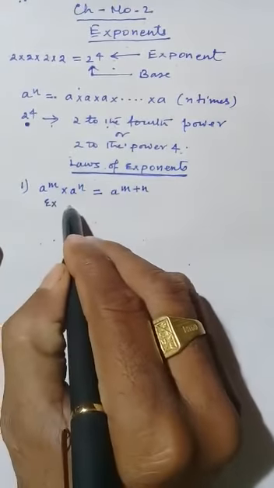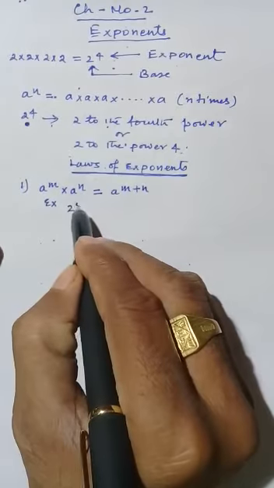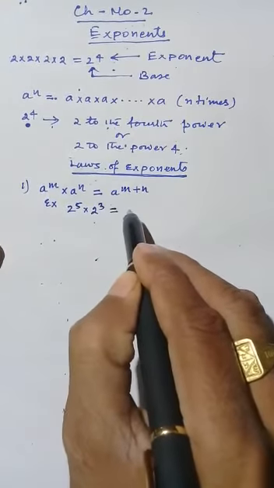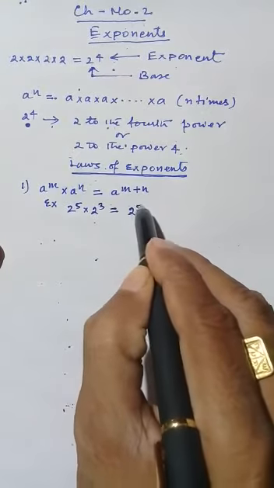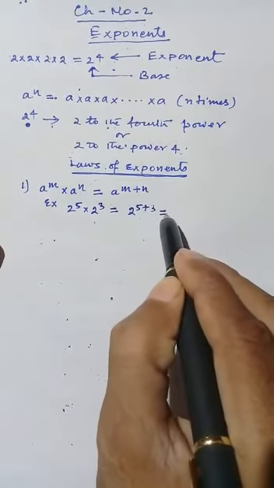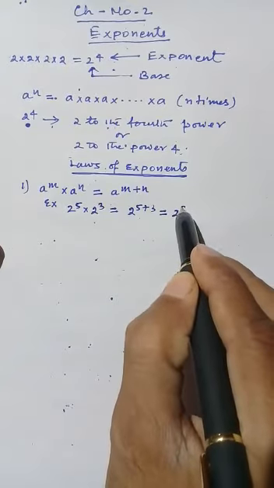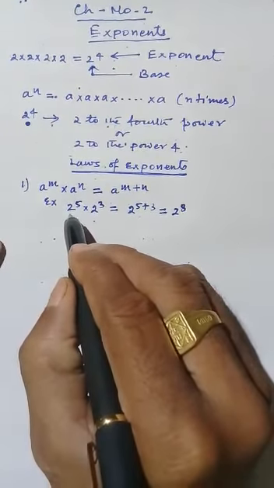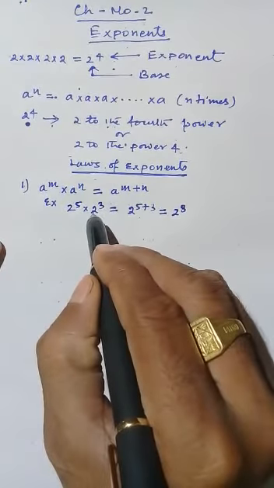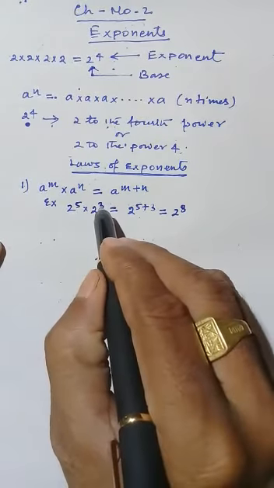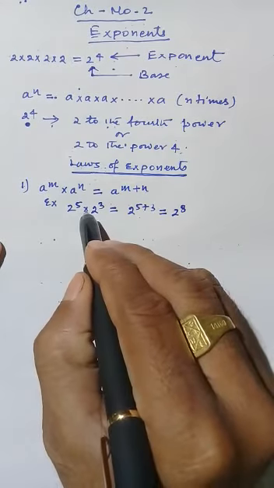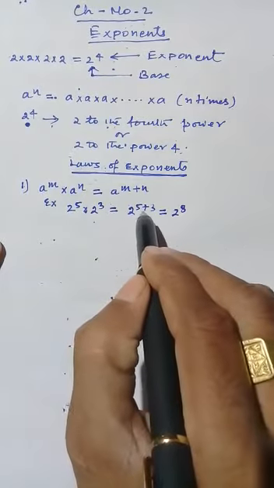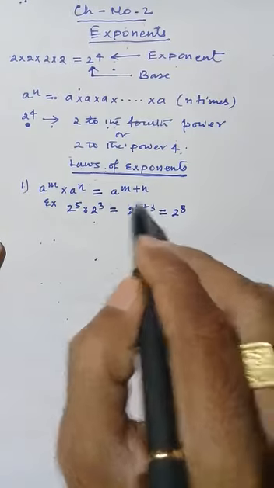Example, 2 to the power 5 into 2 to the power 3 will be equal to 2 to the power 5 plus 3, which is equal to 2 to the power 8. Here bases are the same and the powers are different and multiplied, so in such a case the powers of the exponents should be added.